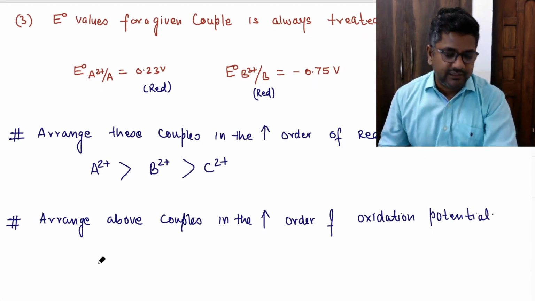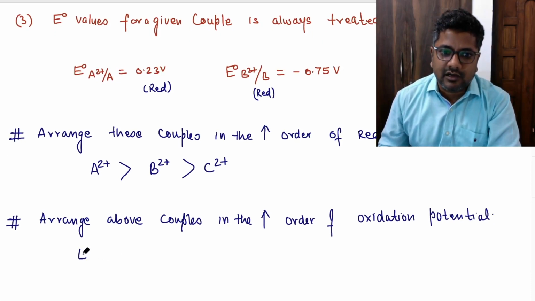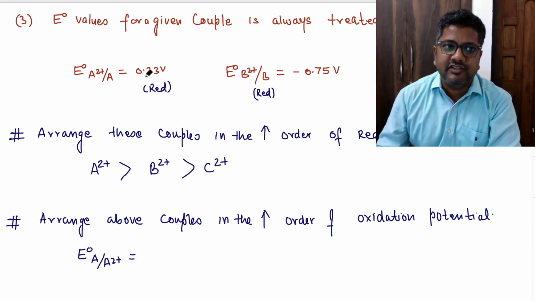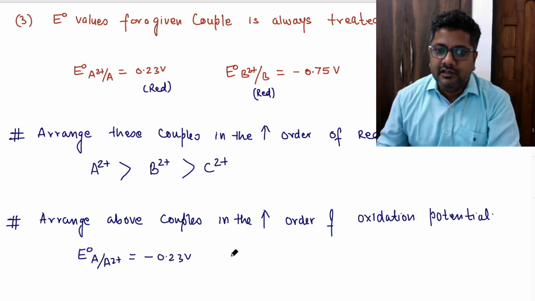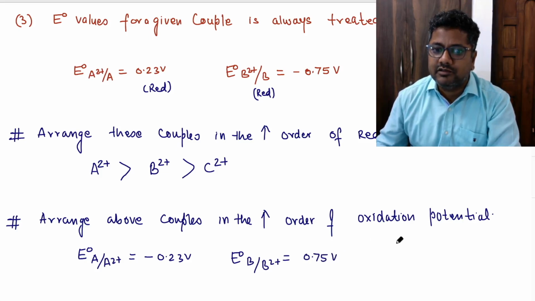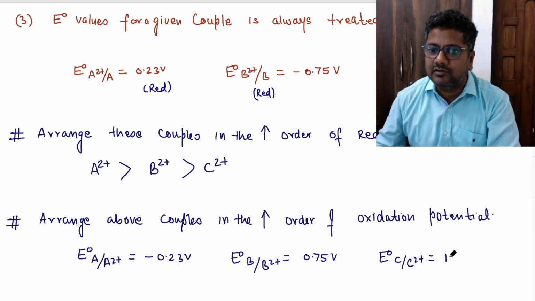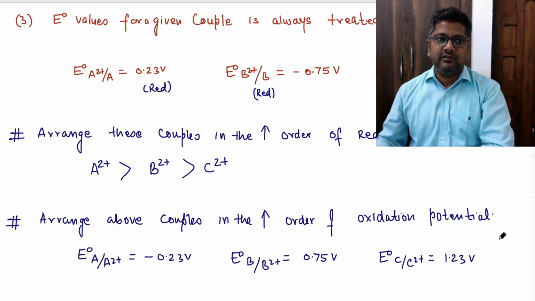First, you have to write the oxidation couple. E naught A2 plus. Once you have changed the couple, sign will immediately change. So now this is minus 0.23 volt. Now E naught B2 plus, now this becomes positive 0.75 volt, and E naught of C2 plus, now it becomes 1.23 volt, right?